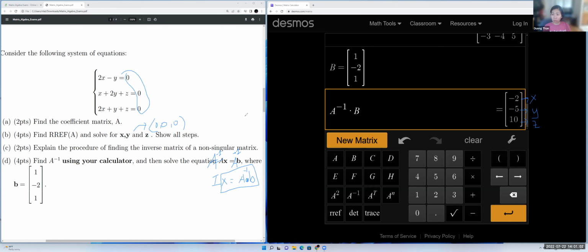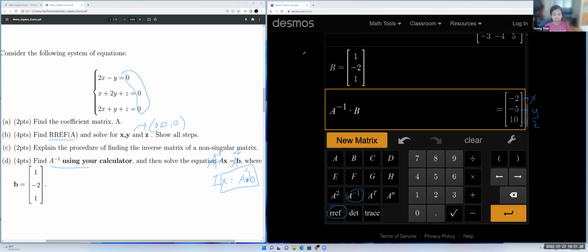All right, so I just demonstrated how you can use Desmos to do some matrix calculations and matrix functions, including creating matrices, finding the reduced echelon form, and finding the inverse matrix. Those are the 2 functions that we have here, right? And there are more functions that you can use.